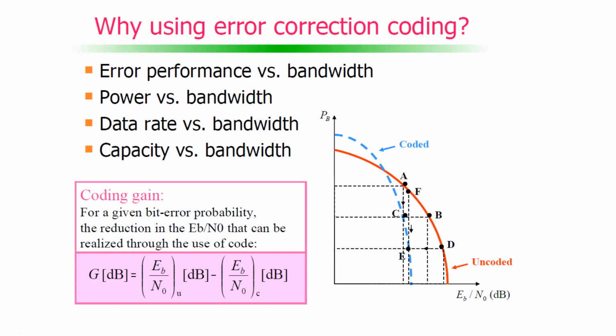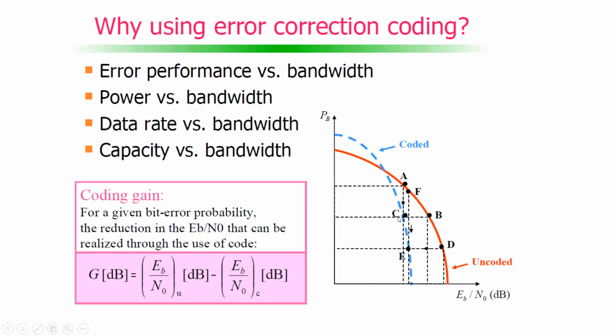Channel coding is based on that concept, and we will discuss in detail the various types of codes and how to decode the information. The orange curve is for uncoded data, and the blue curve is for the coded data when you do the channel coding.